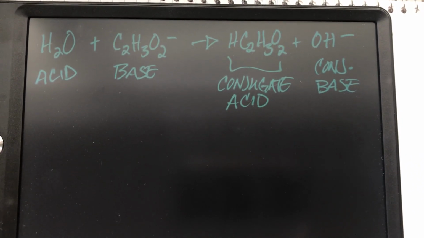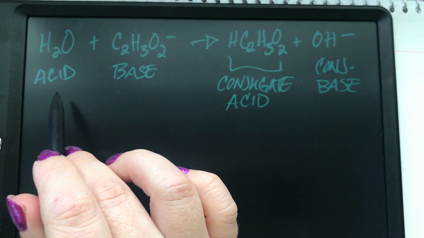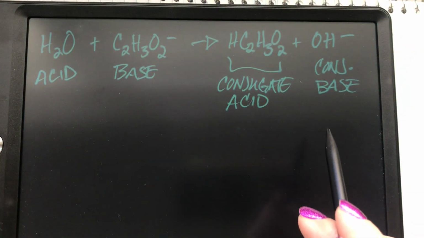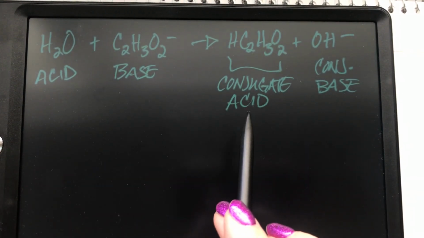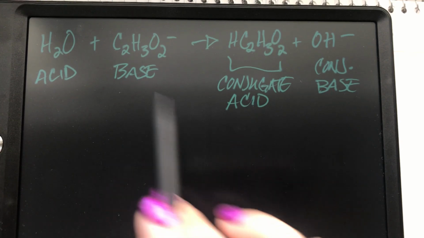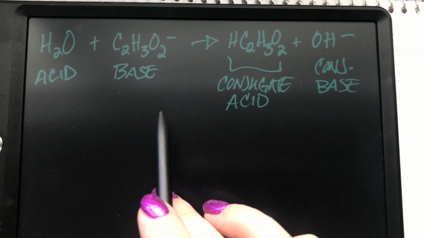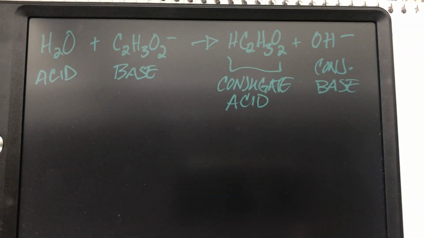So do you guys see what I mean in terms of it's just a convention? We're just basically saying acids and bases on the reactant side, conjugates on the product side, right? I could write these reactions going both ways, and the conjugates and the acid and base would just switch places.